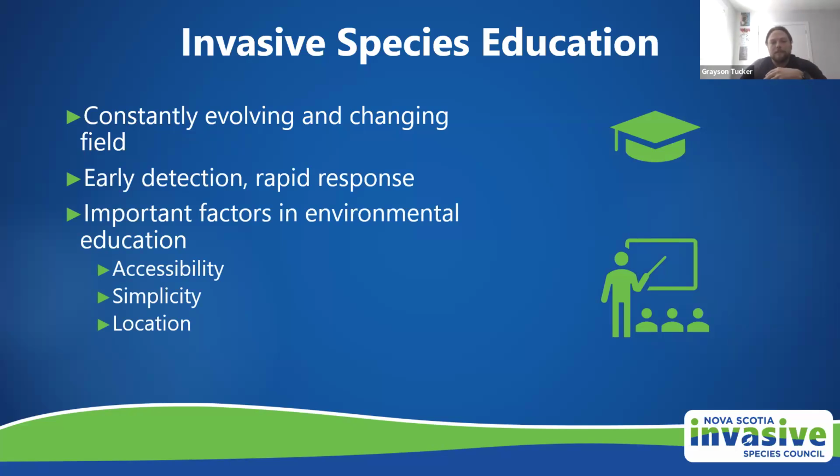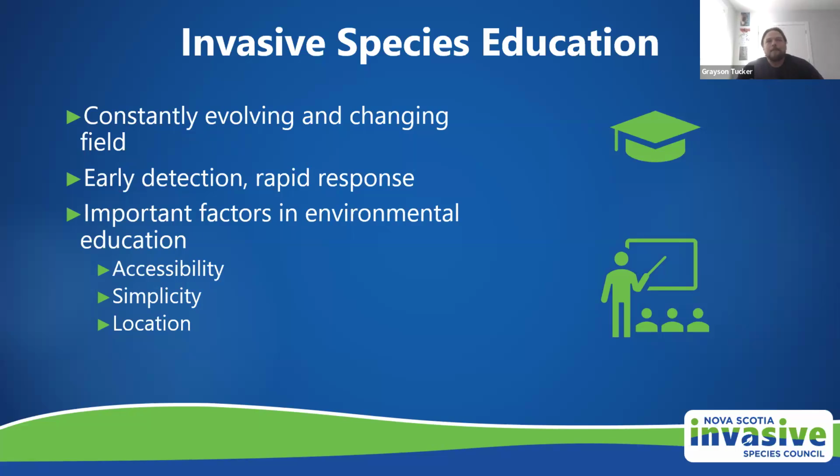In order to achieve and communicate effective environmental education, three factors are at the forefront of this. These include accessibility, simplicity, and location. First of all, ensuring that the information is easily accessible in a format that engages the user and doesn't have any barriers.